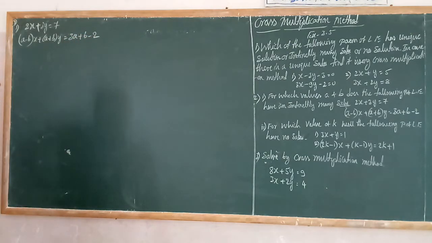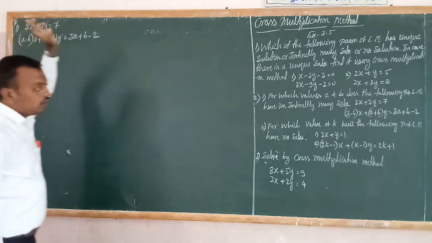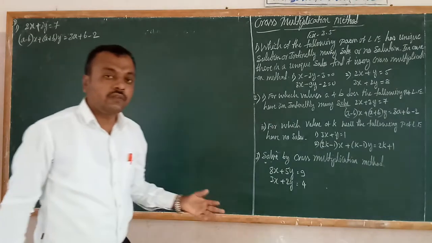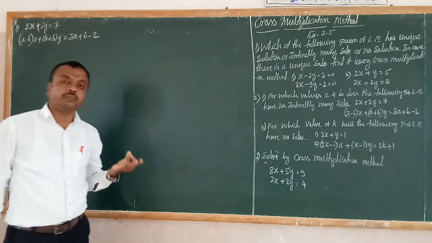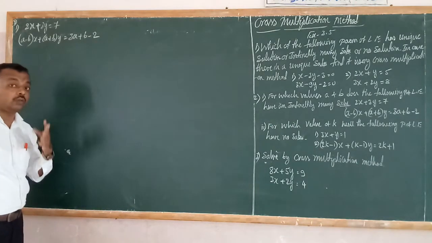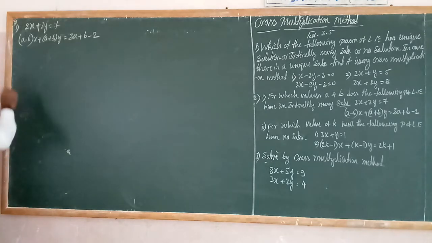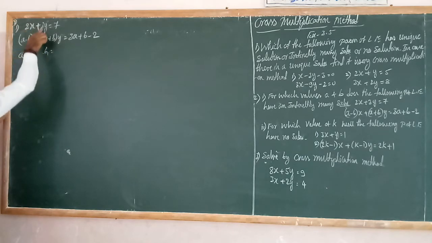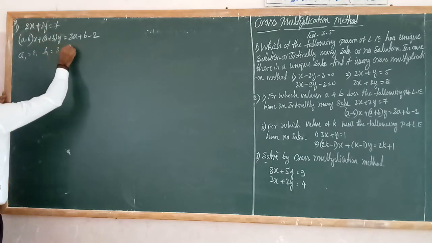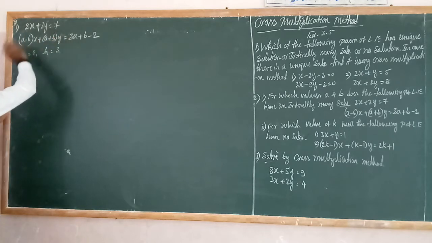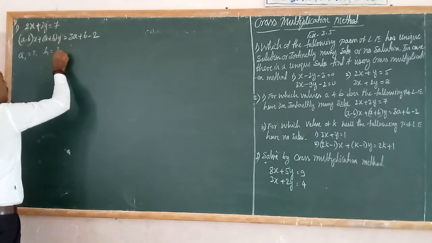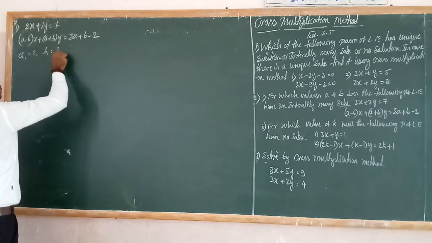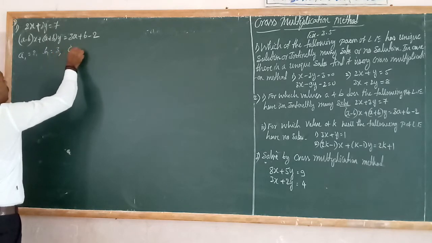Okay. So now these two pair of linear equations have infinitely many solutions. Infinitely many solutions means a1 by a2, b1 by b2, c1 by c2 are equal to each other. First of all, I will write down what a1, b1, c1 are. a1 is equal to 2, b1 is equal to 3, and c1, we have to bring it to this side.